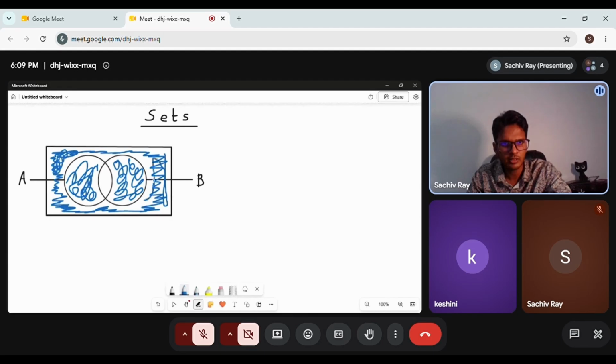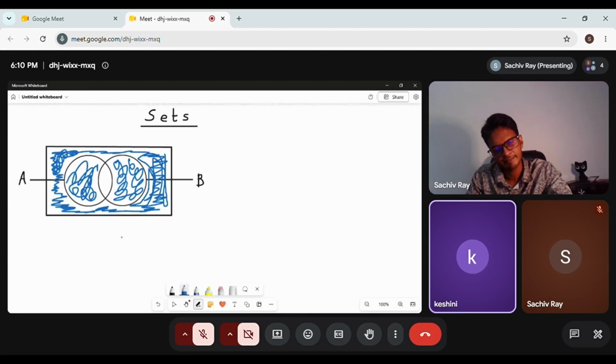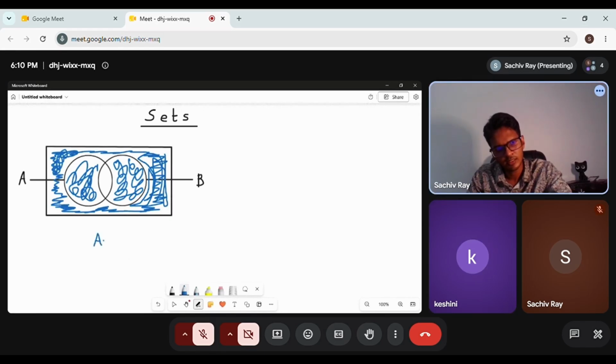Everything is colored apart from the middle part, A intersection B, the whole thing complement. So everything apart from that A intersect B part, right? Yes. So the meaning of complement is without that.